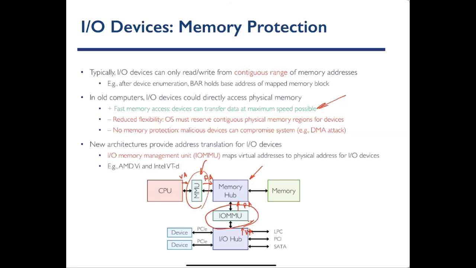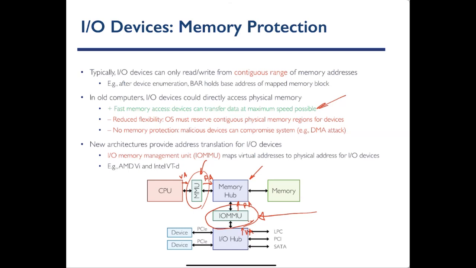Or if, for example, you're allowing a device to do DMA to some process, you might want to map the physical address that is mapped to that process to the same device, so that the device could just write directly to the process's memory. So that's possible. So basically, the possibilities for IOMMU are countless.